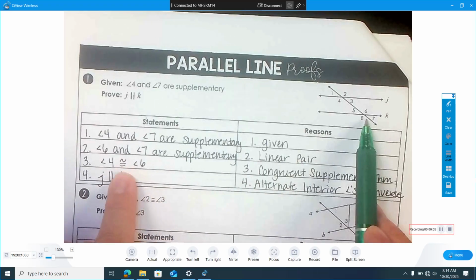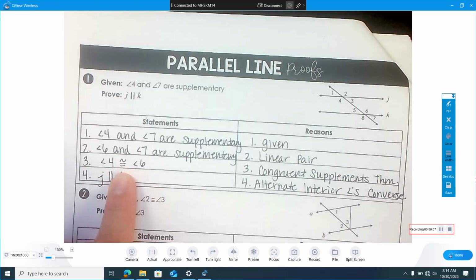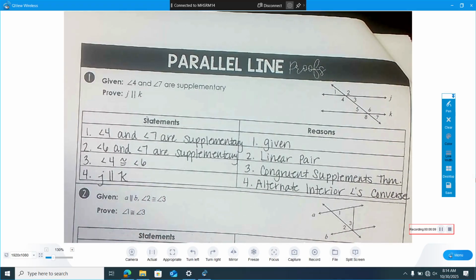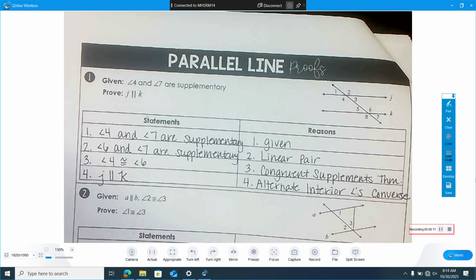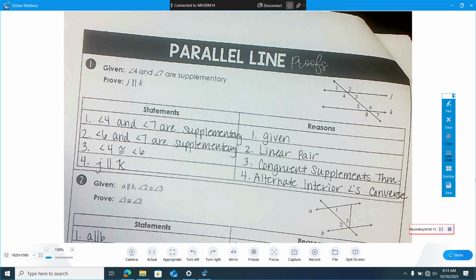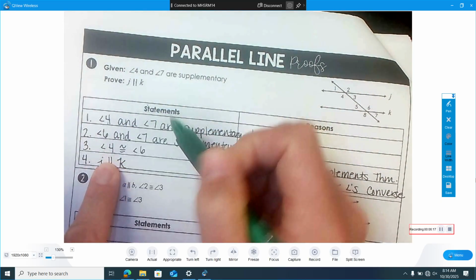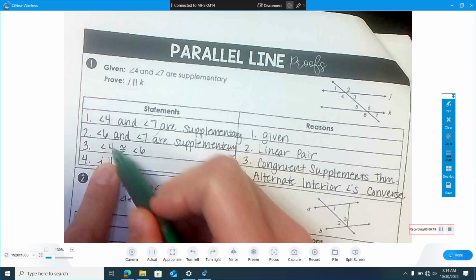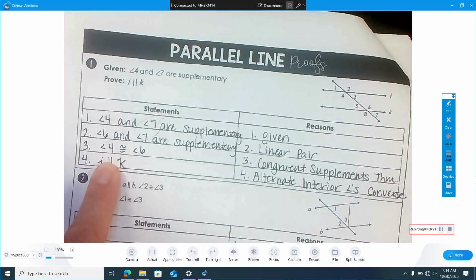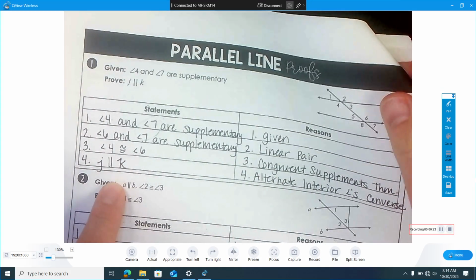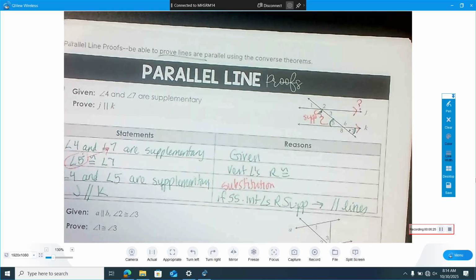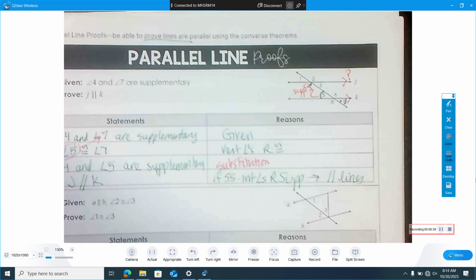And then said 4 was congruent to 6 because of the congruent supplements theorem, which says that if two angles are supplementary to the same angle, then they are congruent to each other. And then she got parallel lines. So there were multiple ways to do that. I like our way. It was pretty slick and easy. I liked it. We didn't have to do anything totally crazy.